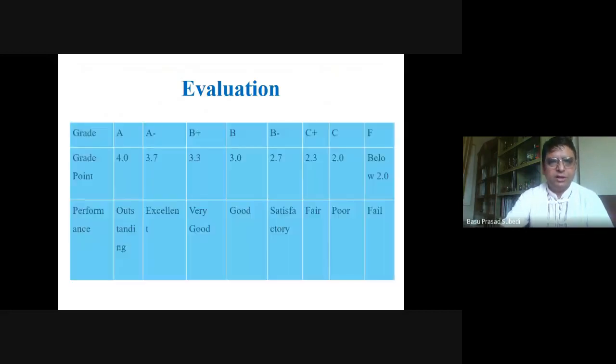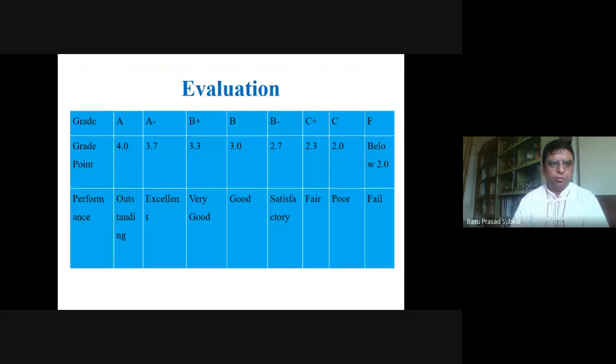And in the case of evaluation, you know about it. We have 4.0 grade point, that indicates A, and 3.7 indicates A minus, B plus is 3.3, B is 3.0, 2.7 indicates B minus, 2.3 grade point indicates C plus, 2.0 grade point indicates C, and below 2 is F, which means fail.